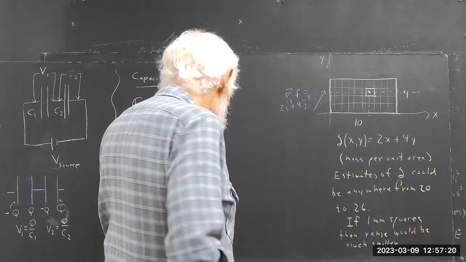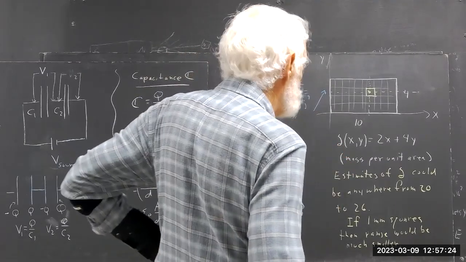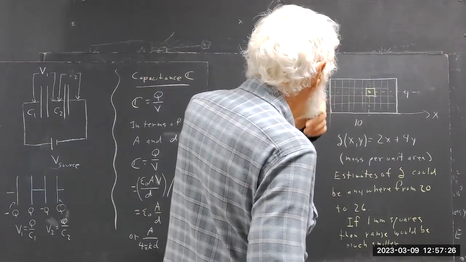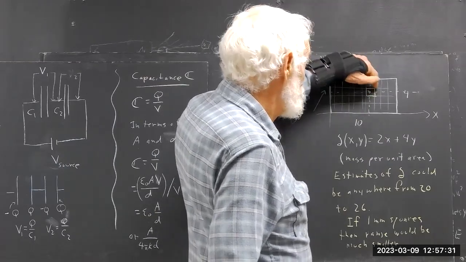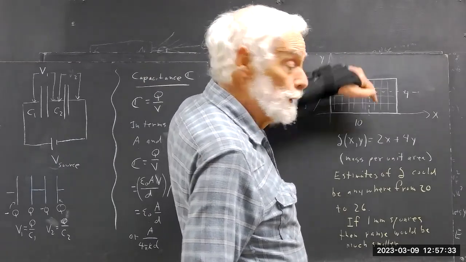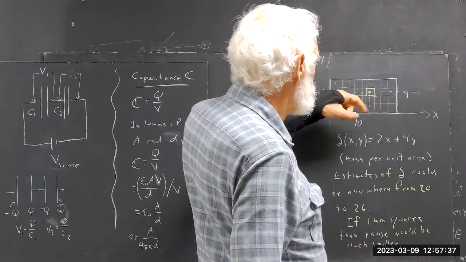Okay, well, moving on to the real problem, which is estimating the total area, or at least the density of this, but the mass corresponding to this square. I'm going to estimate that as being that point.